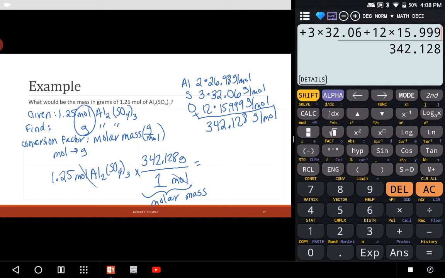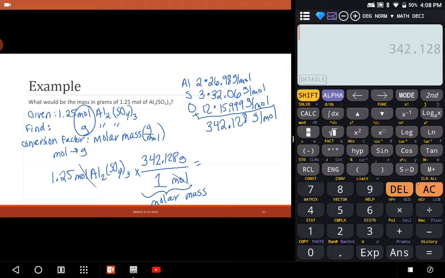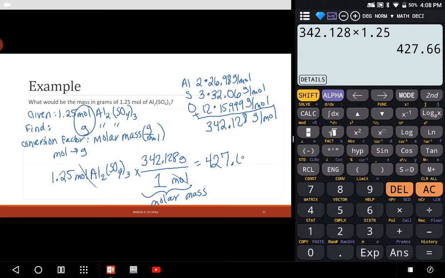And so I can multiply these together to get the moles to cancel out. And so that's 1.25. Sorry, I pulled out my calculator. I'll just retype that. 342.128 times 1.25 is 427.66. And then we have to consider sig figs. That's 3 sig figs. This is more than 3 sig figs, so I will keep 3 sig figs.